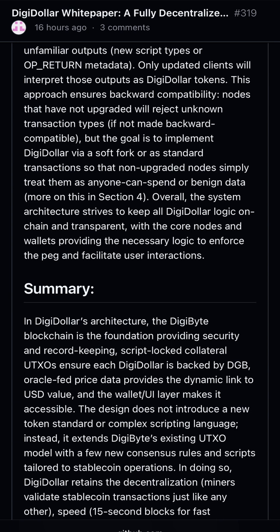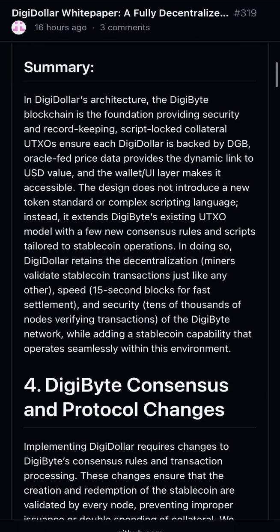Overall, the system architecture strives to keep all DigiDollar logic on-chain and transparent, with the core nodes and wallets providing the necessary logic to enforce the peg and facilitate user interactions. Summary. In DigiDollar's architecture, the DigiByte blockchain is the foundation providing security and record-keeping.